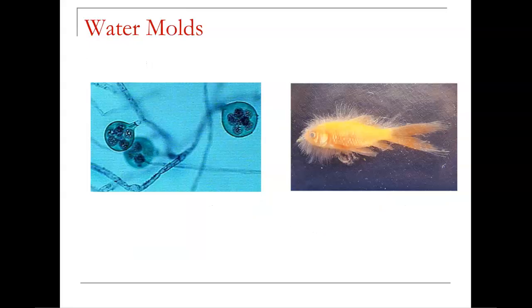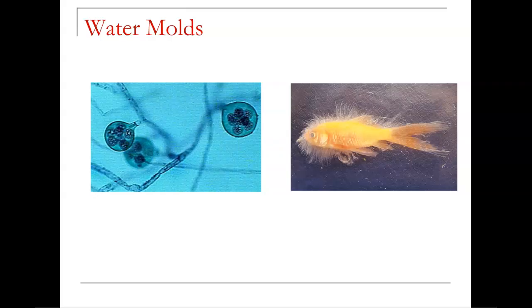Next, we have our water molds. Water molds are going to be numerous and have many characteristics. So they're going to have tubular cristae in the middle of their mitochondria. They have cell walls of cellulose. They're going to have two different kinds of flagella. They have a whip-like and a hairy flagella, and they're going to have diploid bodies.